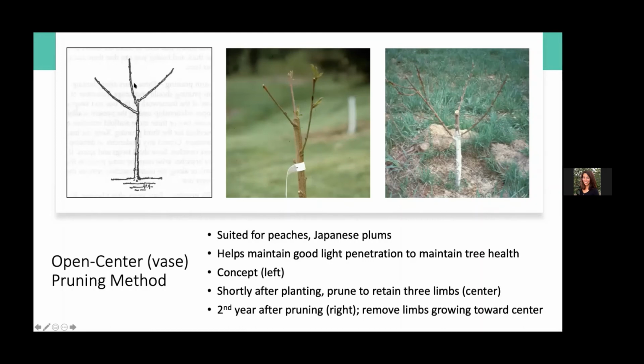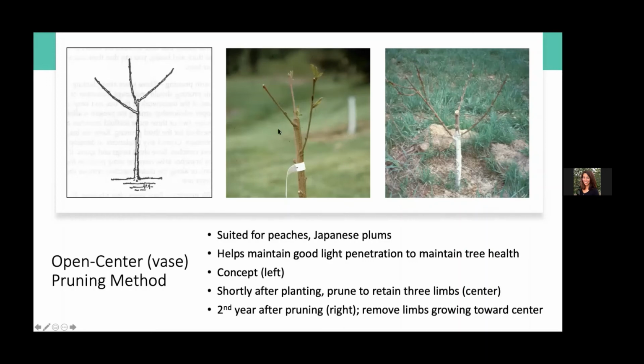You'll take out the central leader of the tree to give it that open vase shape. Thinning cuts are used to remove all the extra branches that you don't want, right to the collar. Then you make heading cuts on the remaining branches, and heading cuts are going to facilitate the growth of extra branching on those shoots.